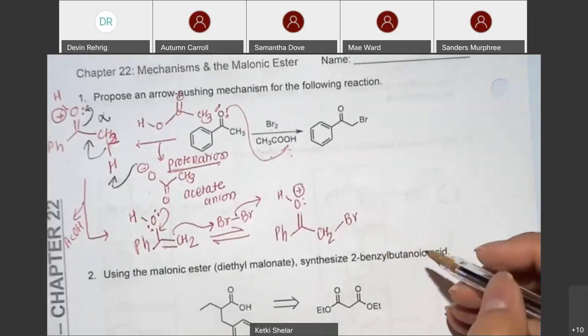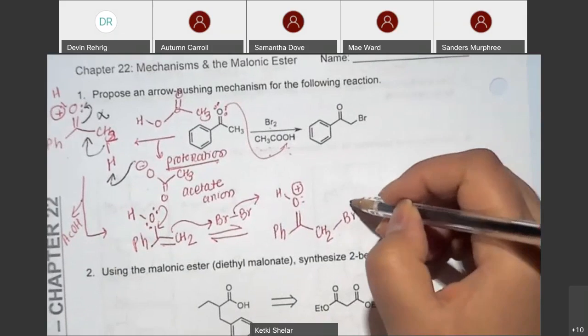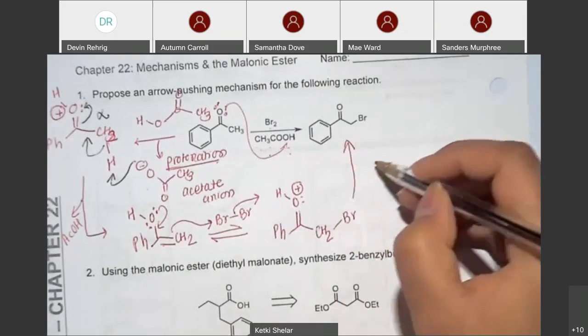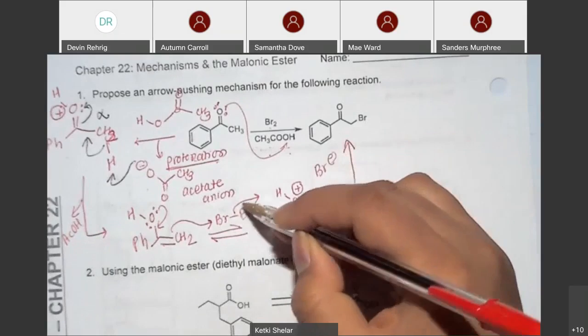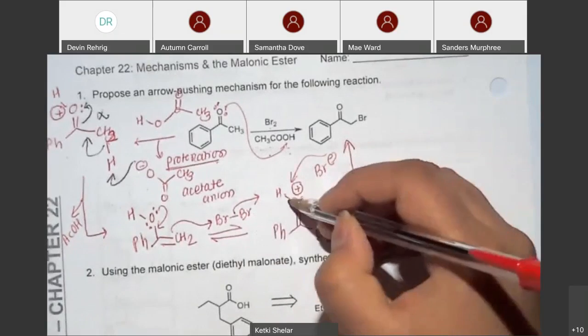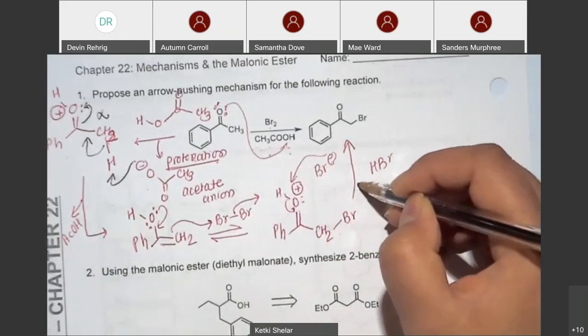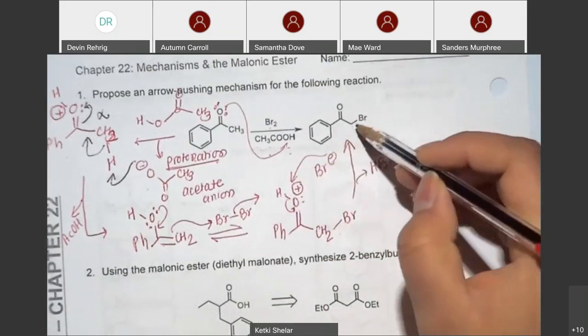After that, this Br minus, whatever is removed from here, will go and attack here, and this will go here, and it will form HBr as a side product. Okay, and it will form this compound.